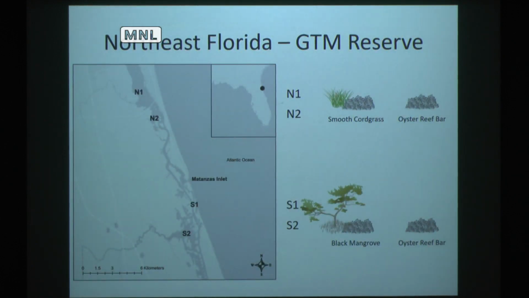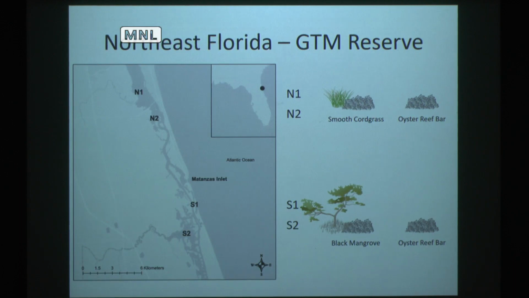So to answer this question, I had 2 sites north, N1 and N2, where I conducted experiments on oyster reefs that were adjacent to salt marsh grass, and also conducted experiments on oyster reefs that had no immediate vegetation adjacent.